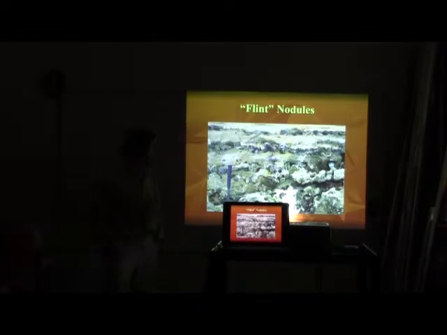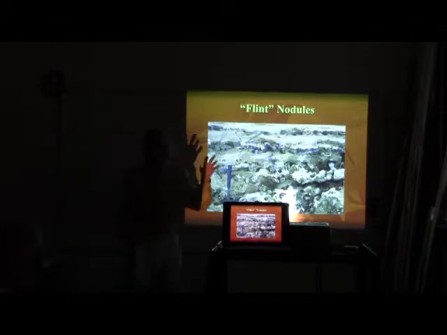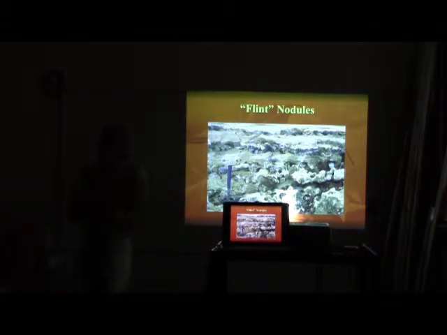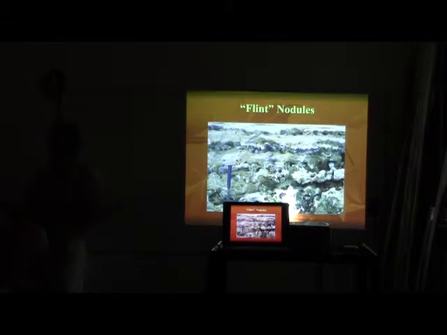And this is what they look like. This is a close-up, again, from the Florence. And lots of people ask, how does this stuff form? And it's actually a very difficult question.